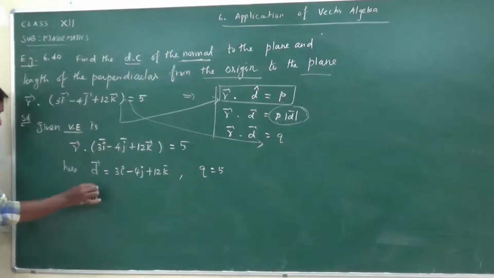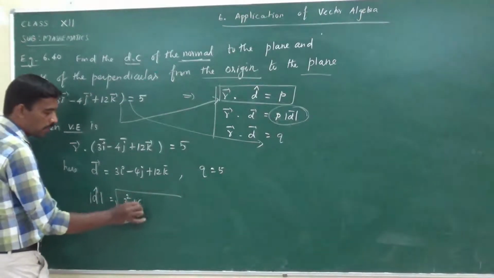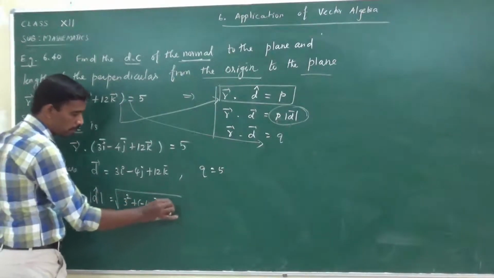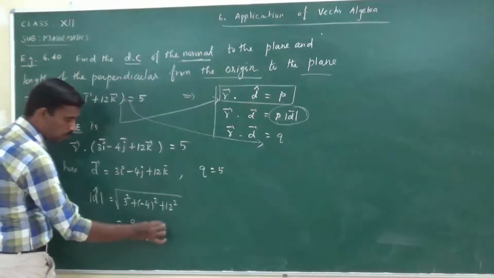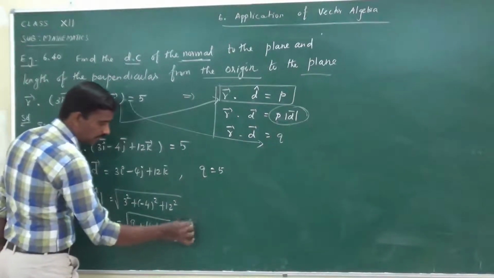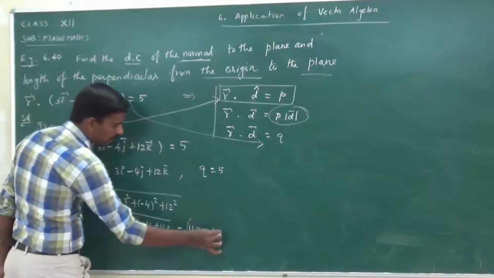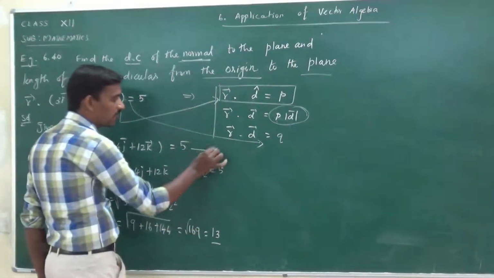And we want to take the magnitude of d vector. Taking the square root of 3 square plus minus 4 whole square plus 12 square: 9 plus 16 plus 144, which is equal to 169. Taking the square root of 169, which is equal to 13. So name it as equation number 1.